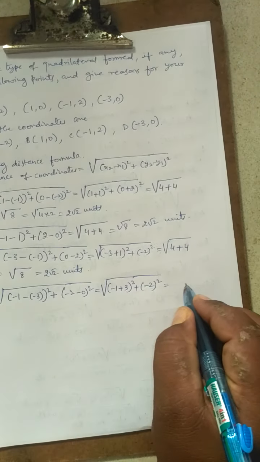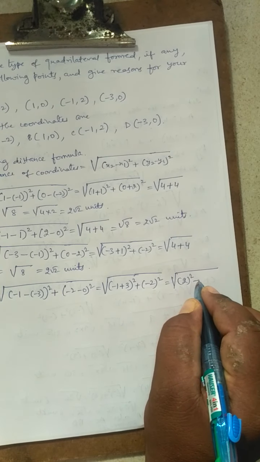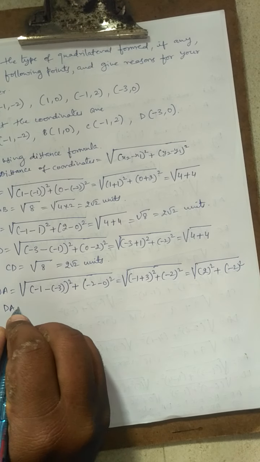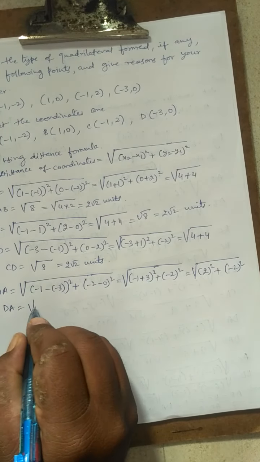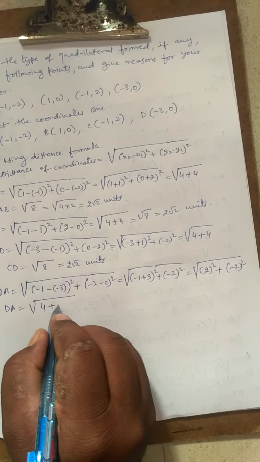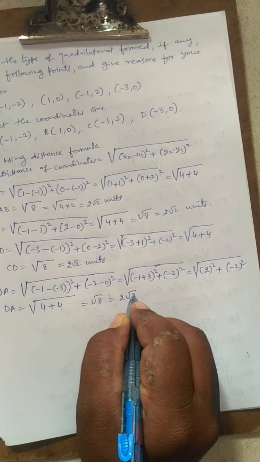Which implies under root minus 1 plus 3 is 2 square plus minus 2 square. Next step, DA is equal to under root 2 square is 4 plus minus 2 square is also 4. This is root 8. Root 8 again in the simplest form can be written as 2 root 2 units.